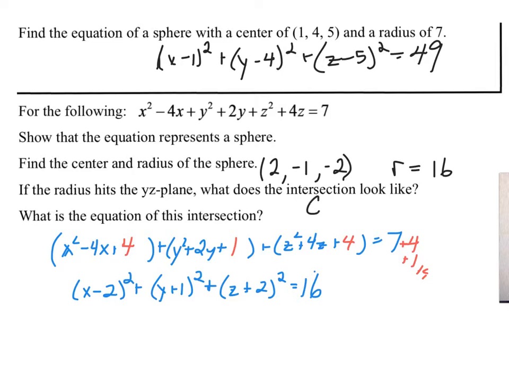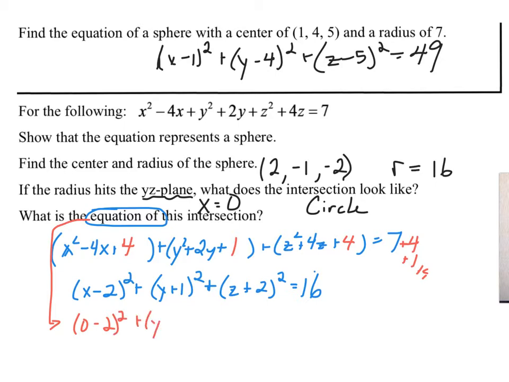It's a circle. Now when it hits the YZ plane, that means that x is equal to 0. So the cool thing is it says, what's the equation of this intersection? So what's the equation of the circle? Well, if I know that the x coordinate is 0, I could just plug that in.